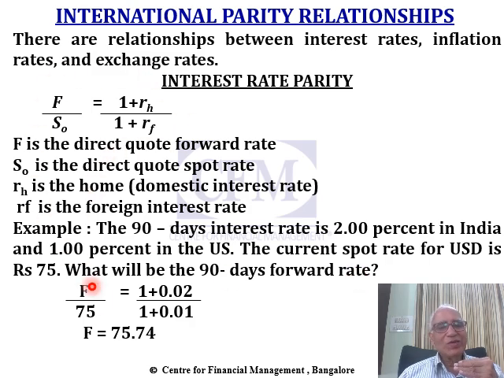According to this equation, F can be worked out by plugging in the values of SO, which is 75, RH, which is 0.02, and RF, which is 0.01. We find that F is 75.74. This means that dollar would appreciate vis-a-vis the rupee over the next 3 months. Put differently, rupee will depreciate vis-a-vis the dollar over the next 3 months.